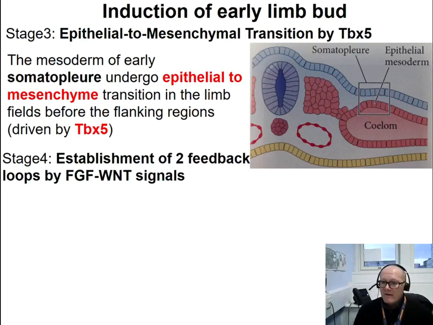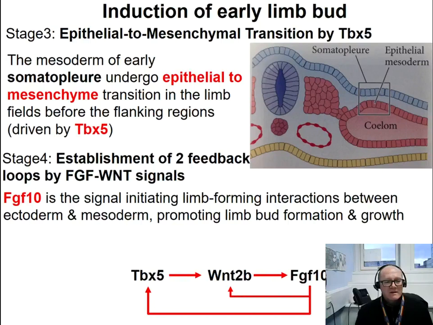Very importantly, the cells also need to form two important feedback loops to sustain the cell division and outgrowth.